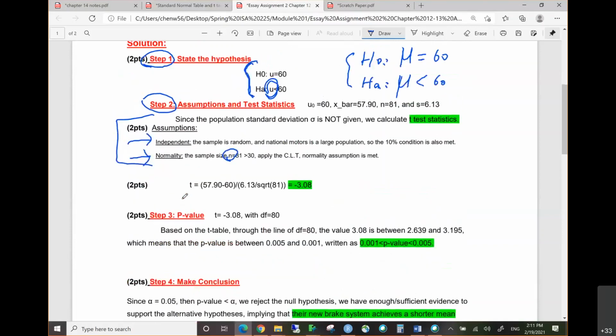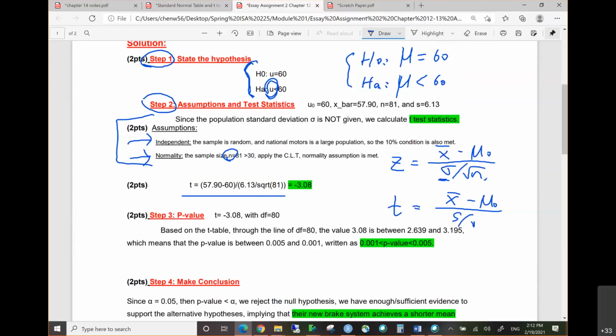Before you use the formula, when we test the population mean, we have 2 formulas. One is when the population standard deviation sigma is given, then you have the z-test statistic. If sigma is not given, then you have the t-test statistic.